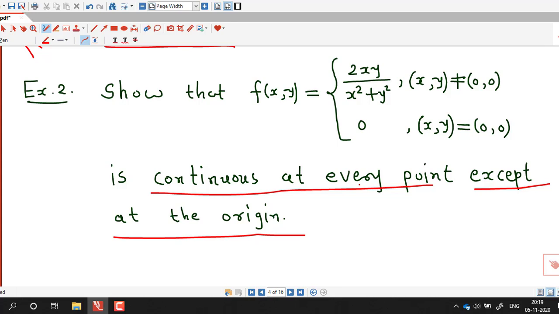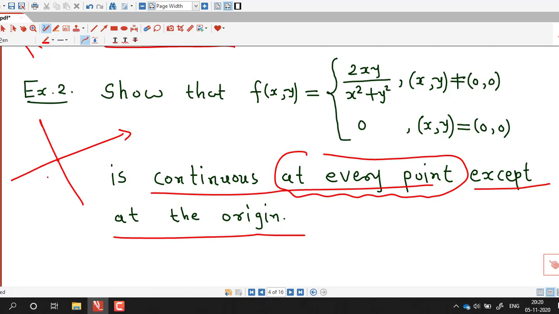Now it is not advisable, or it is not possible, to prove this at each and every point. Here we are asked to show that the function is continuous at each and every point, and there are infinite number of points in the xy plane. So it is not possible to check continuity at each and every point. But we can observe here that this function is a rational function.